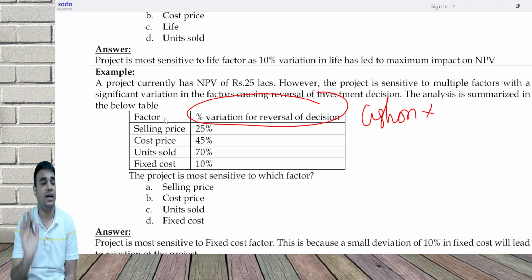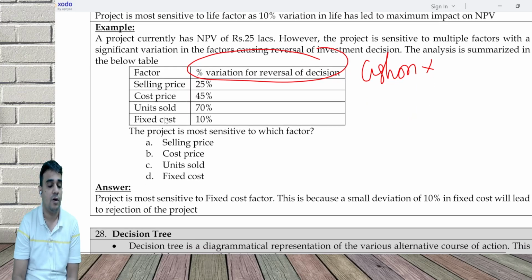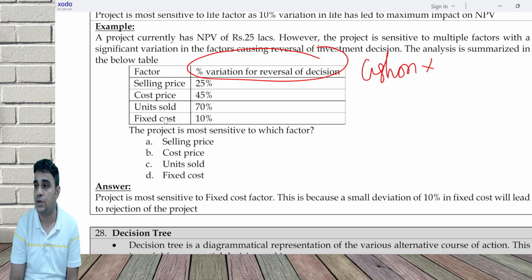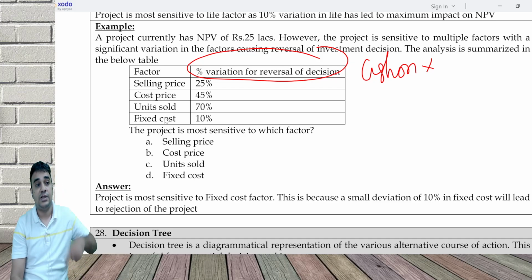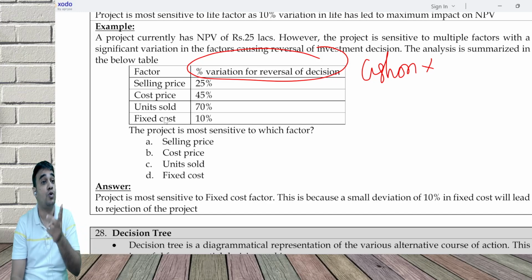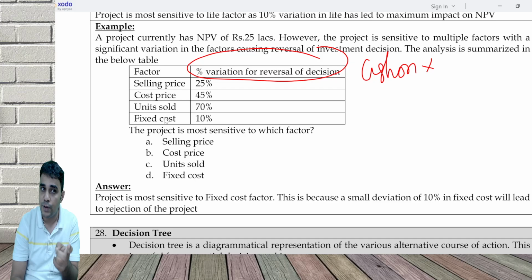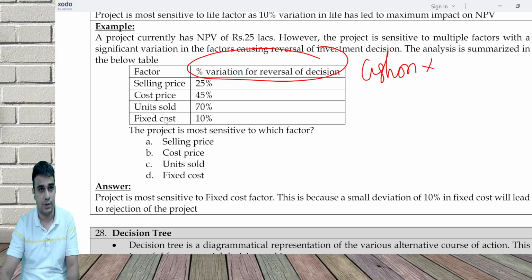If you have a 25% variation, no problem. More than 25, you will get into negative. Which has the lowest cushion percentage? Fixed cost. So fixed cost is the lowest cushion. See, in approach 2, you find the lowest cushion percentage. In approach 1, you find the maximum impact on NPV. Clear? Any doubts on this? Let's start now.